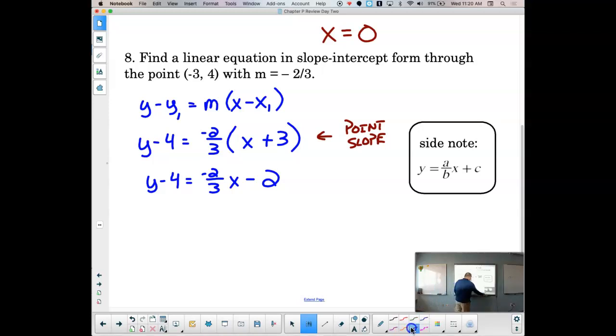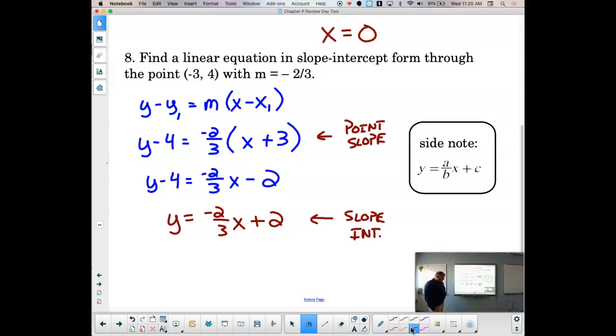Then I would add 4. So that would be the slope-intercept. Okay? So that's the slope-intercept form of the line.